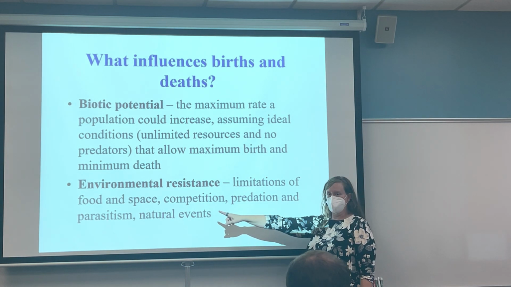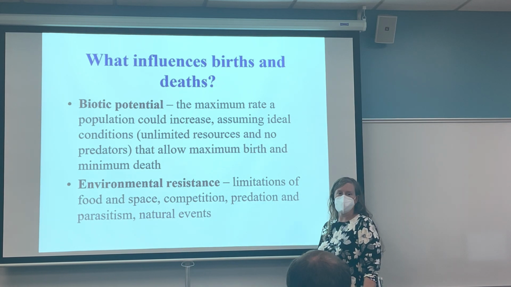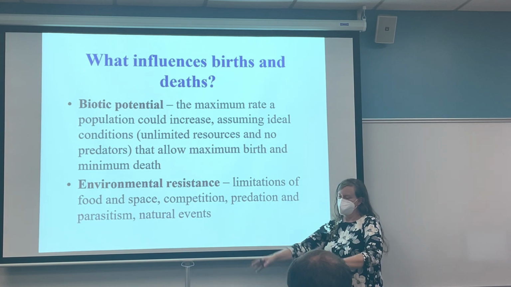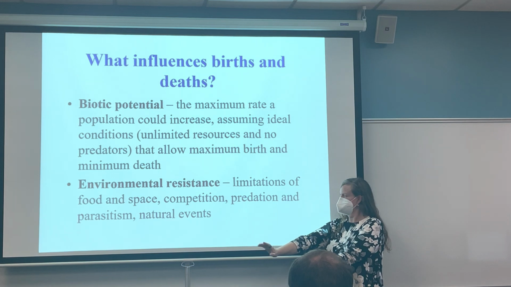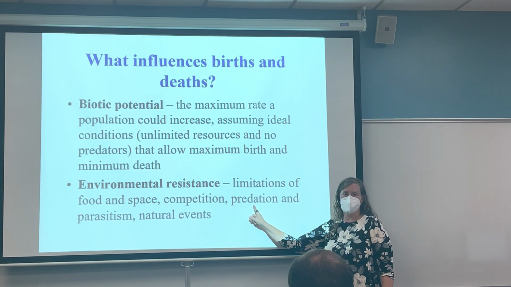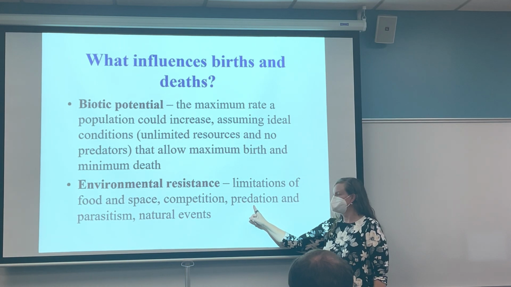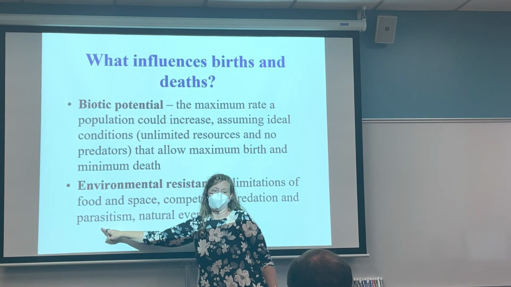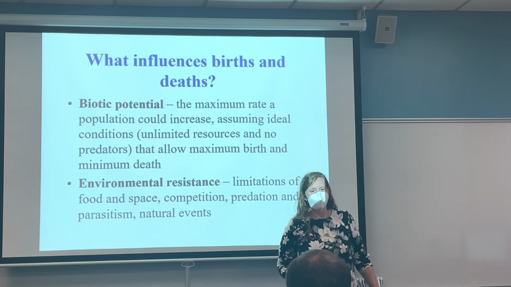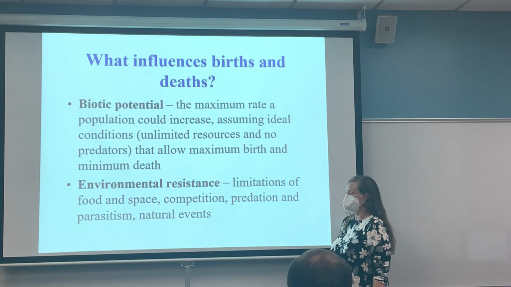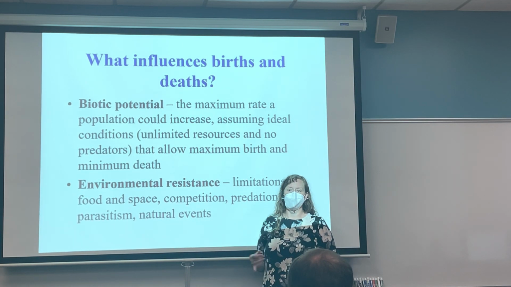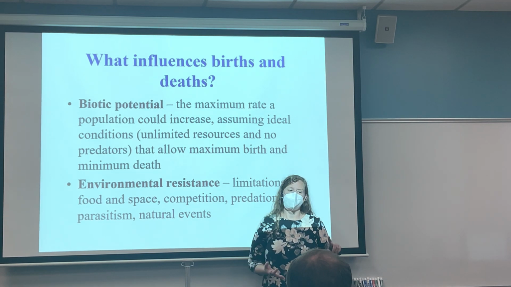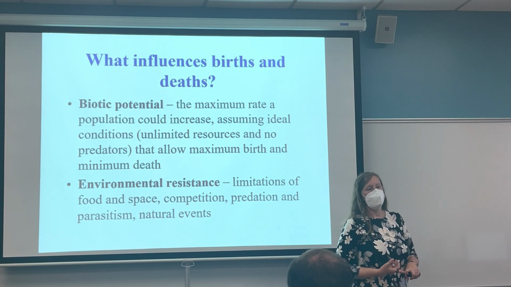What if you start running out of food? You have too many individuals in your population, you can't feed everybody. Population slows down. Predators start to go up, they start eating your population. Too many in the population, often you get parasites, like the coronavirus. Or natural events happen, hurricanes, earthquakes, floods, droughts.